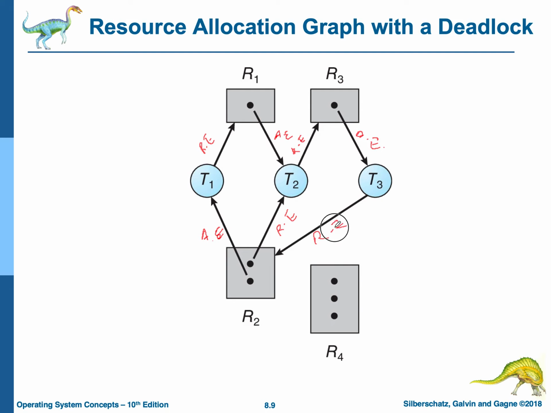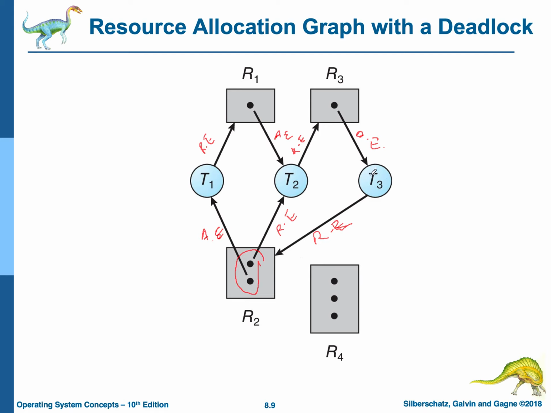So we see that this cycle has no deadlock because there are plenty of resources to fulfill the need.